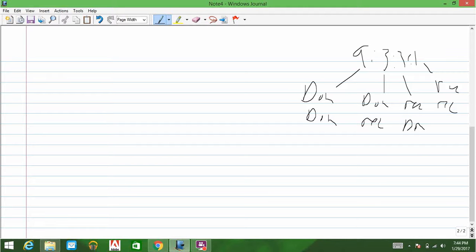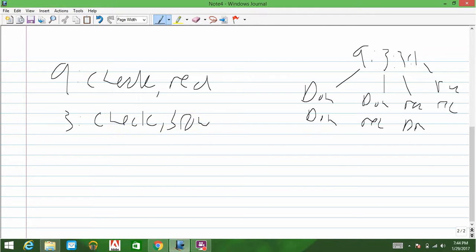Okay. So the 9, you know that you're going to have 9 checkered red. And you're going to have 3 checkered brown. And then you're going to have 3 plain red.